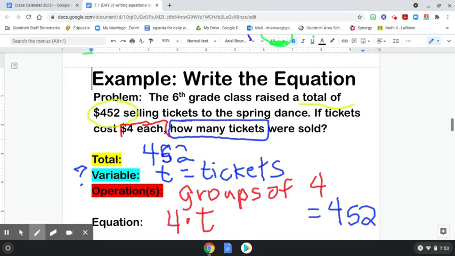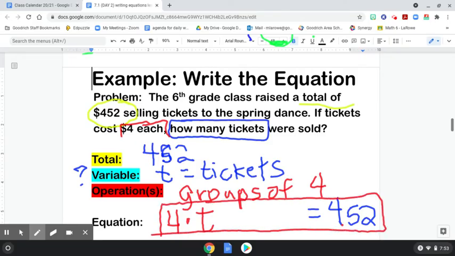How many times do I multiply by $4 before I get to the total money raised? Now in our next lesson, we'll solve this and answer the question, but for today, we just want to write the equation necessary. We'll give you one to try.